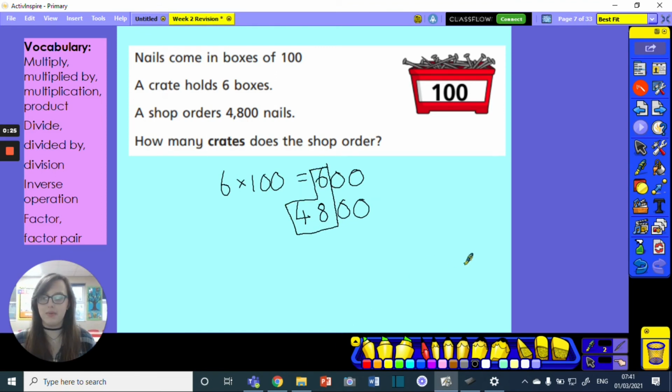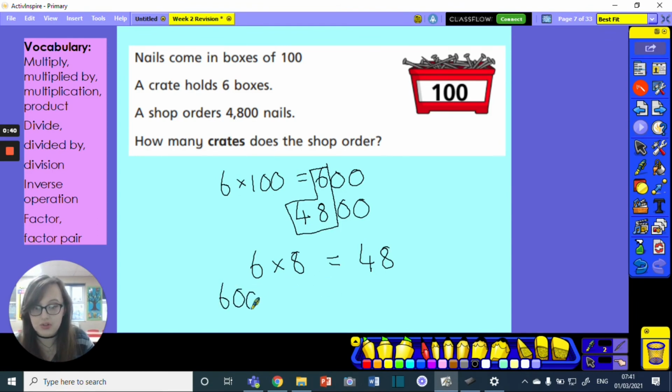And we know those numbers. 48 is in the 6 times table. We know that 6 lots of 8 is 48. And if we know 6 lots of 8 is 48, then we also know that 600 lots of 8 is going to be 4,800.